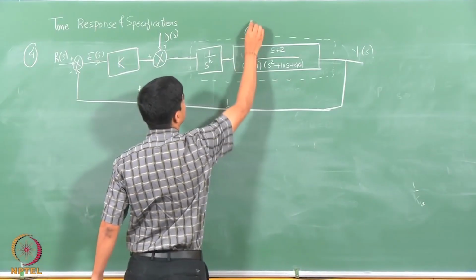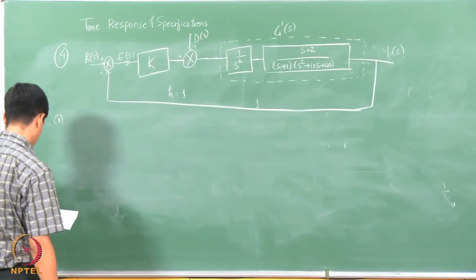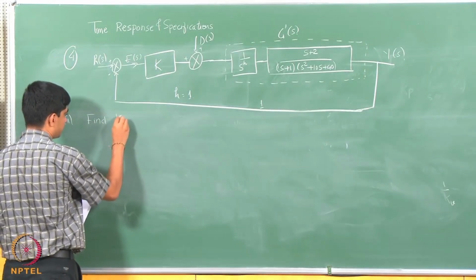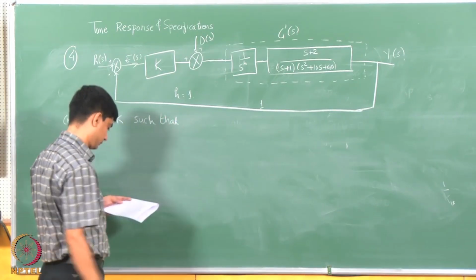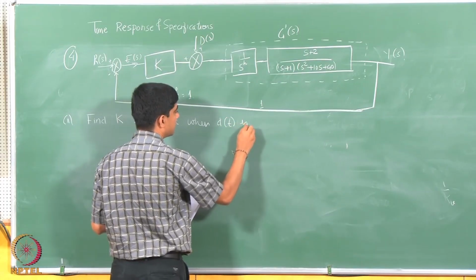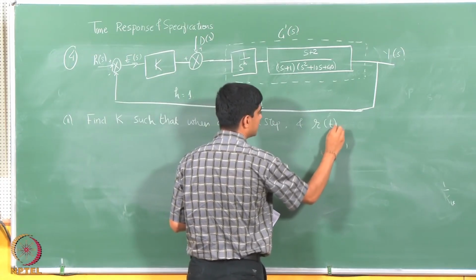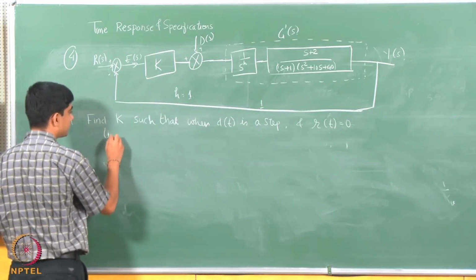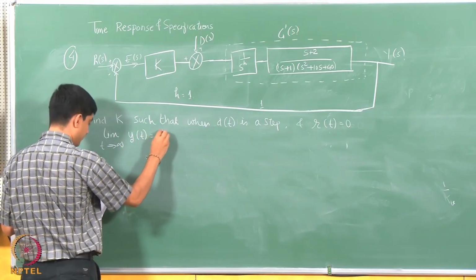Let me call this block G prime of s, and the second part, what I want to find is a k such that when this disturbance signal d(t) is a step and the reference r(t) equal to 0, then the limit t going to infinity y(t) should be equal to 0.01.